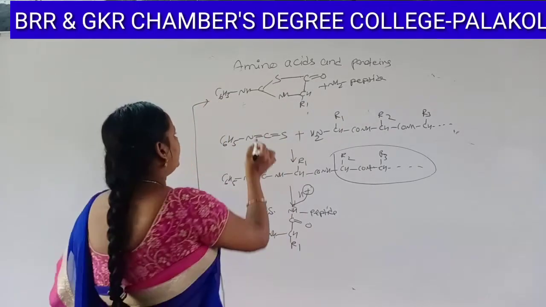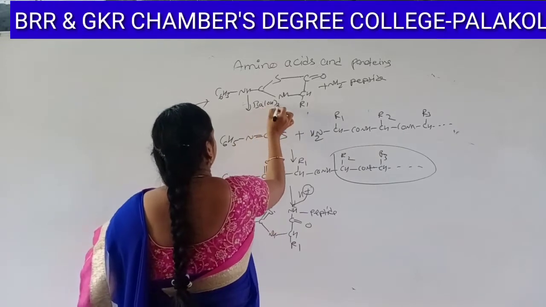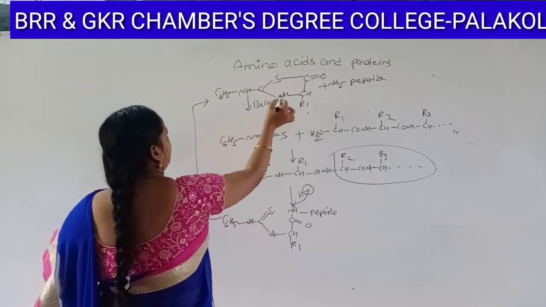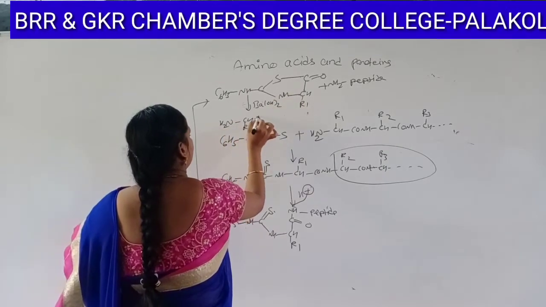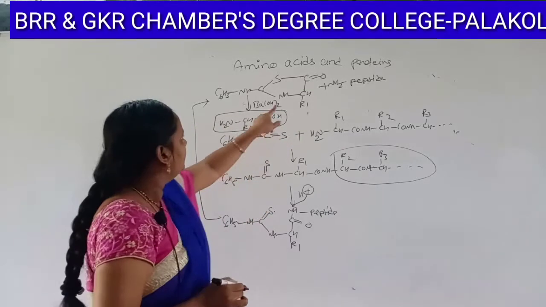For this, if you add barium hydroxide students, what happens? You will get NH2 CH R1 plus COOH and your reagent back.